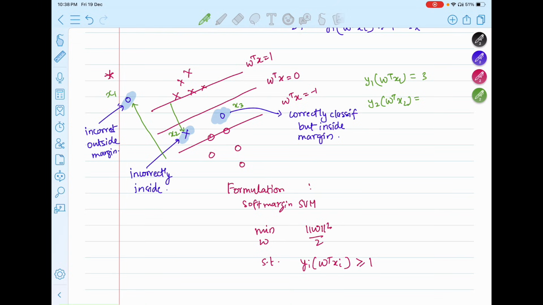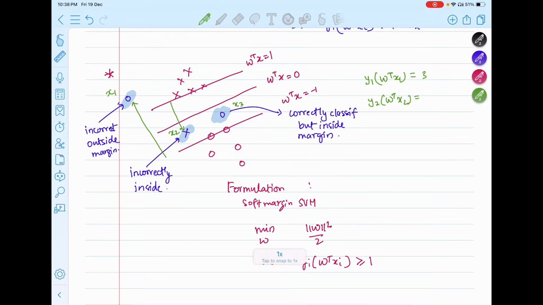And it will be, let's say, okay, it will not be, it will be something like minus 0.5, right? Let me not write 3, let me write 2 because it's not that far away. Okay, it is incorrectly classified, so it has to be minus 2, sorry, minus 2.